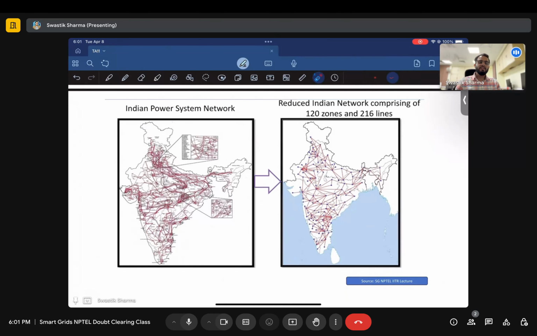This reduction is done because you want to study the system, but the system in itself is very complex. So you want to reduce the order of that network. The reduced order they took was 120 buses and 216 lines. When I say zones, it simply means that there are 120 buses. So you see individually the buses are over here.